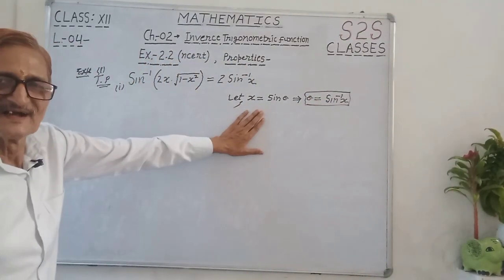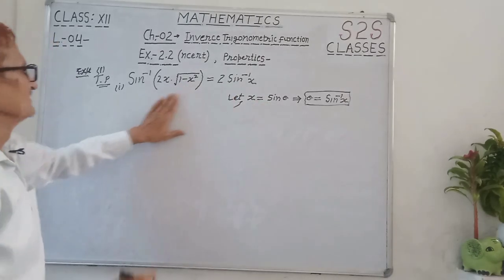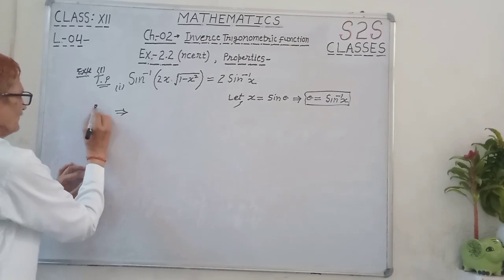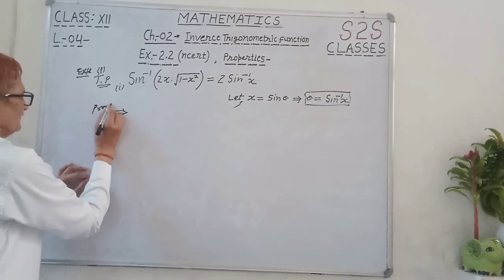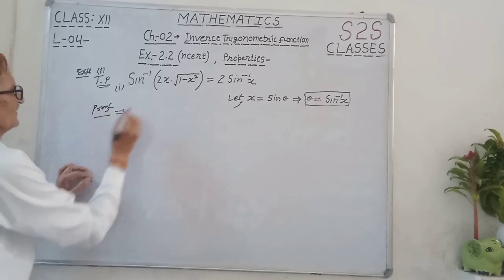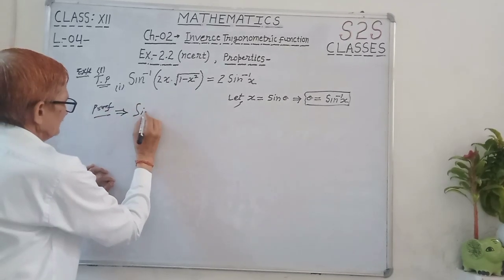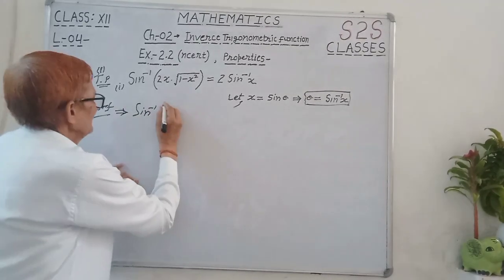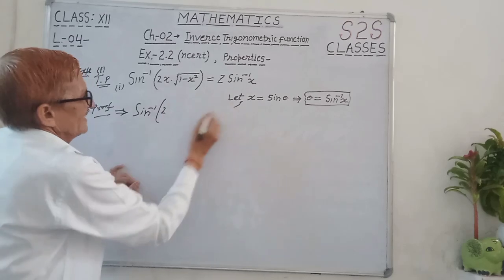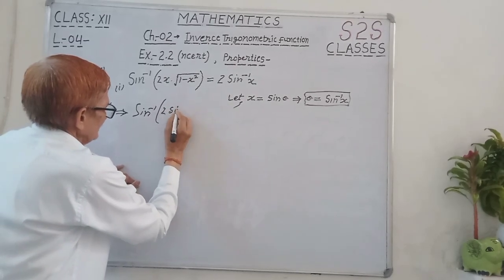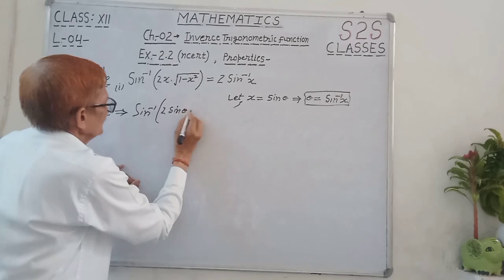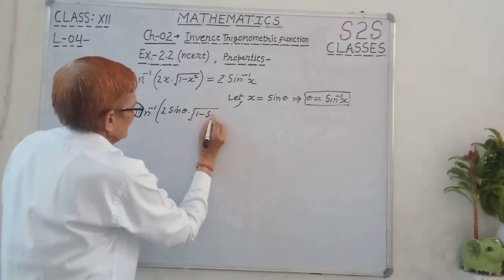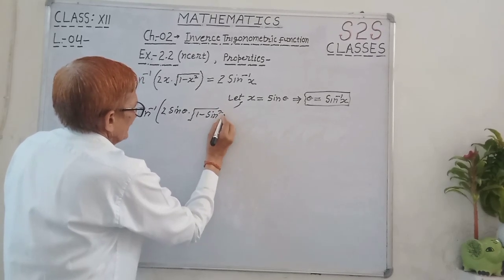So put this: in place of x use sin theta. Proof: sin inverse of 2x, where x means sin theta, 2 sin theta into square root of 1 minus sin square theta.